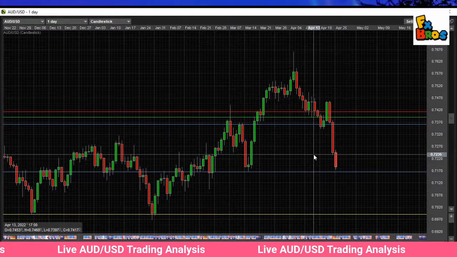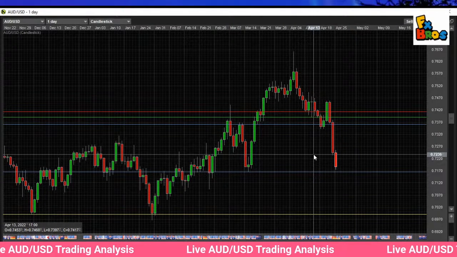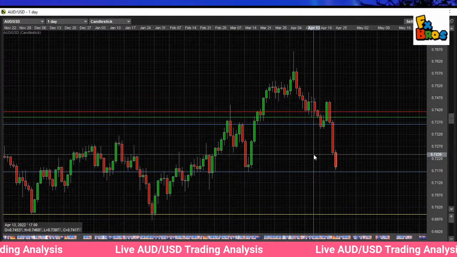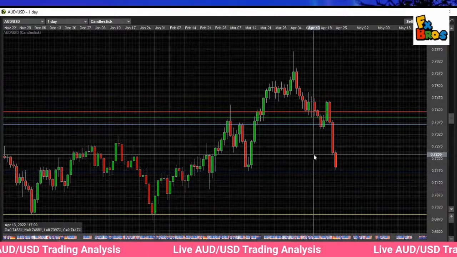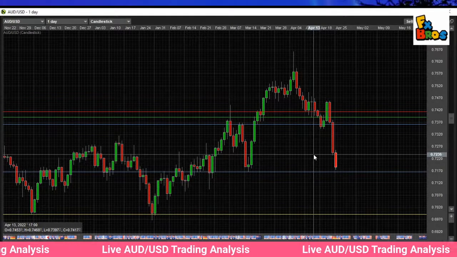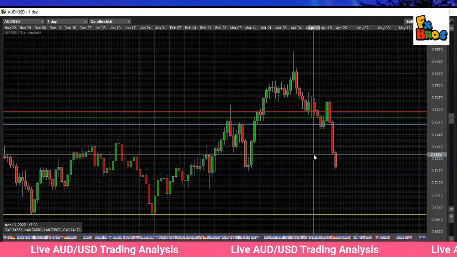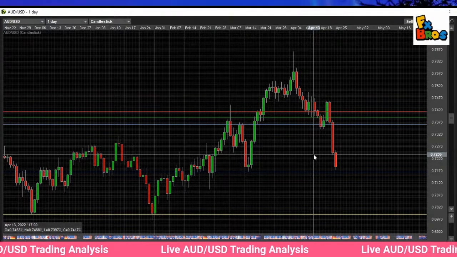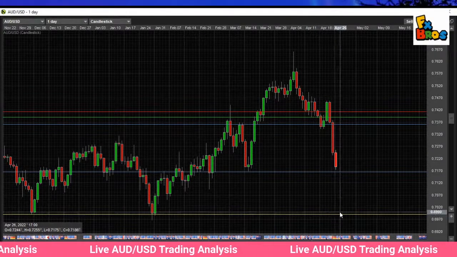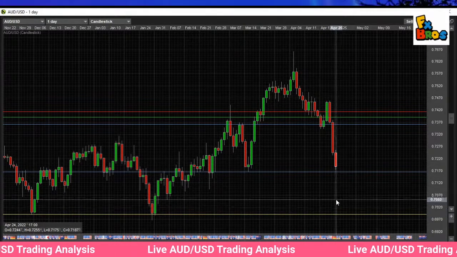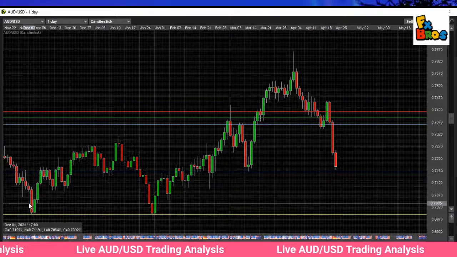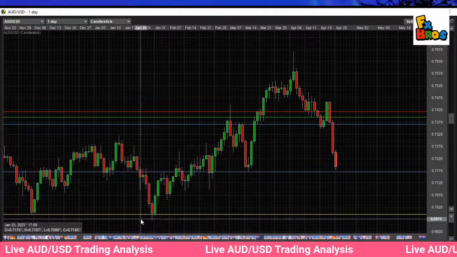Otherwise, if all the news is horrible for Australia and the market favors bearish continuation, then all that volatility will push it all the way down to these lows, and it might be enough to break these two lows from last year and this year.